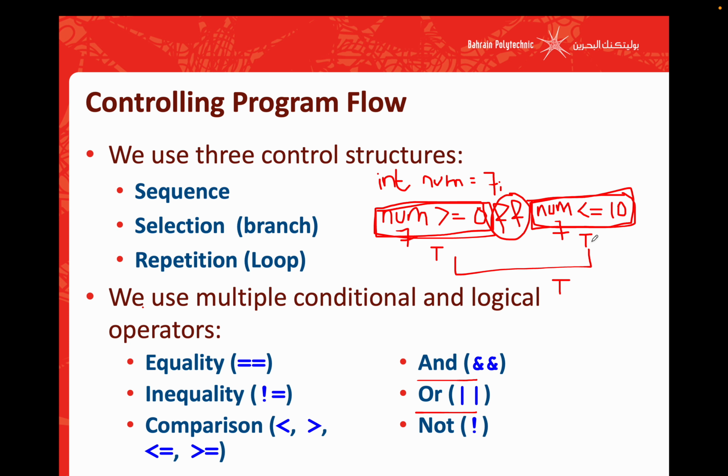If one of the conditions was false, so for example, I make this 17. Now 17 is not less than 10, so this condition becomes false, and if either one of the conditions is false, the AND operator will give you false at the end.